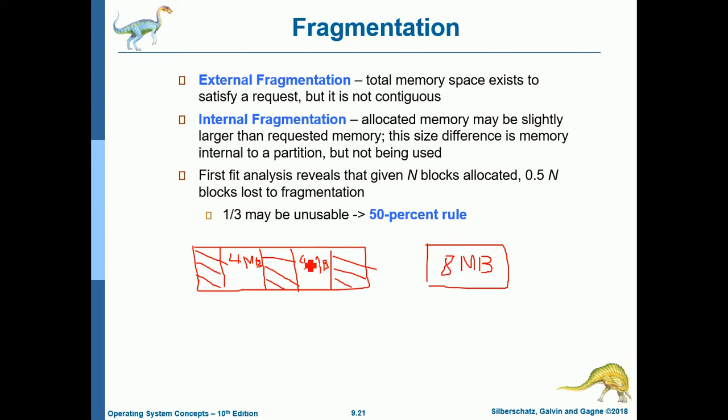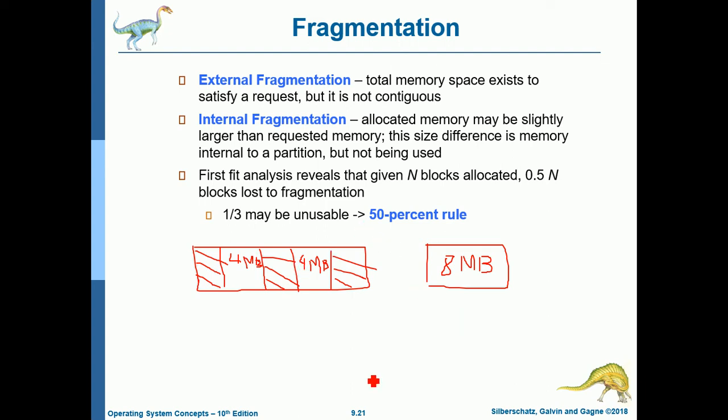But since they are not adjacent to each other and there is this portion which is occupied by another process, this is the so-called external fragmentation, because again the definition is total memory exists to satisfy a request of exactly 8 MB, but it's not contiguous. So this 8 MB still cannot be accommodated inside memory because the free spaces here are not contiguous.